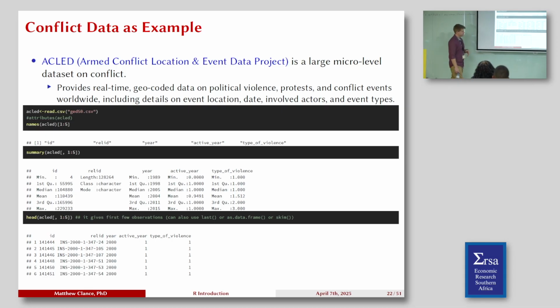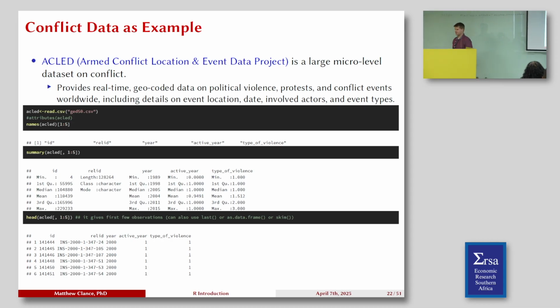The point is that once we actually call the data in, what I call real data, though the other data was real too, you start to get an idea that it is a little bit more of a headache whenever you have a lot of information in there. So let me show you on the actual R what this looks like.